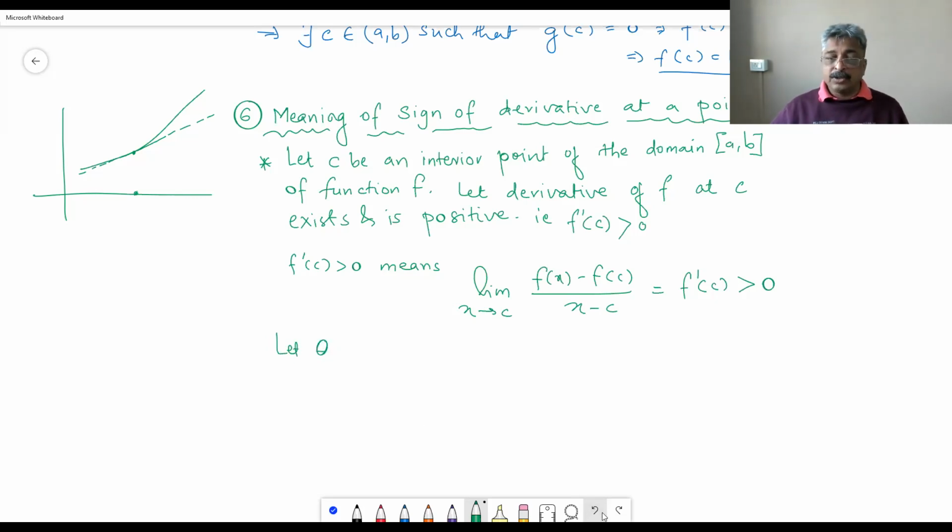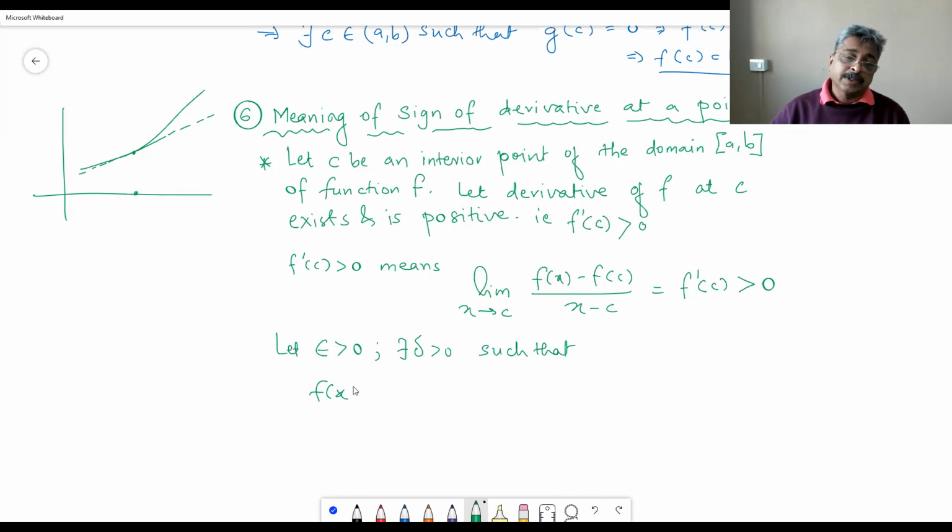So if we really find out the meaning of limit, then let epsilon be greater than 0. For epsilon greater than 0, there exists delta greater than 0 such that, what is the limit definition?